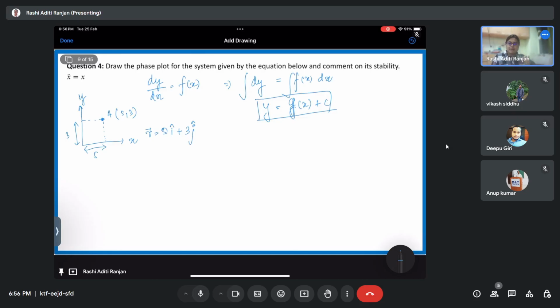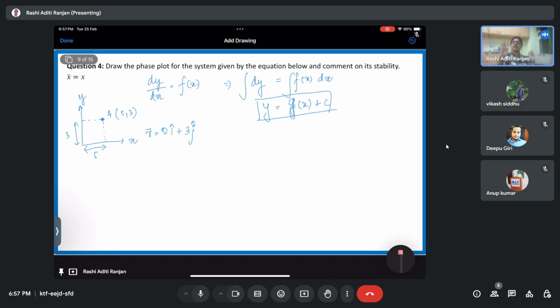Since I know i cap and j cap, now I can write any vector or any position in the x and y coordinate with the help of these i cap and j cap, as a linear combination of i cap and j cap. Correct? So this is the concept, and we are going to apply it in a two-dimensional system.